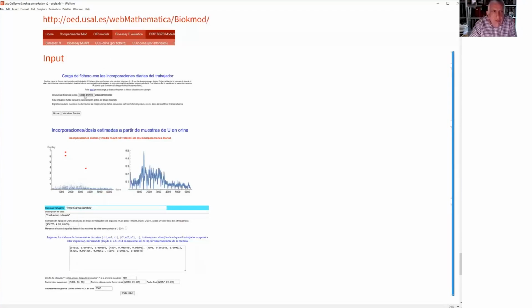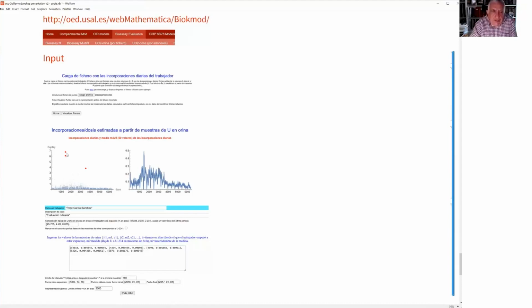You only need to not load the data. Here it automatically visualizes the data. You realize that they represent the value intaken every day by the worker, and that this is a random intake.